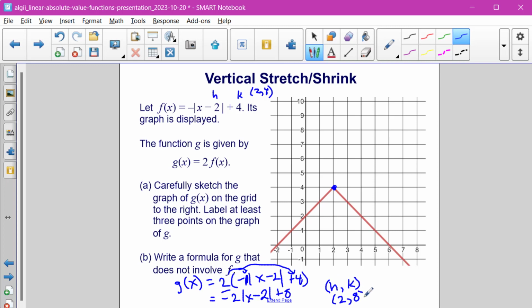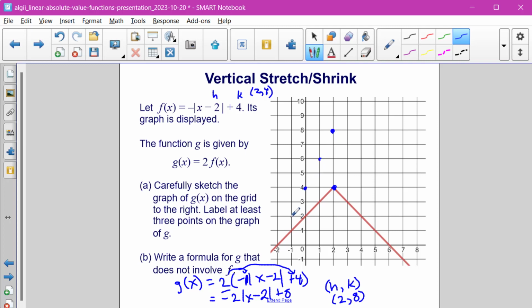This tells us that our h value and k value for our vertex are going to be 2, 8. Okay, 2, 8 is way up here. And actually this kind of makes sense because we're taking our function values and multiplying them by 2, and 2 times 4 gives us 8. All right, so then now instead of having a slope of +1 here and -1 here, we're now going to have a slope of +2.